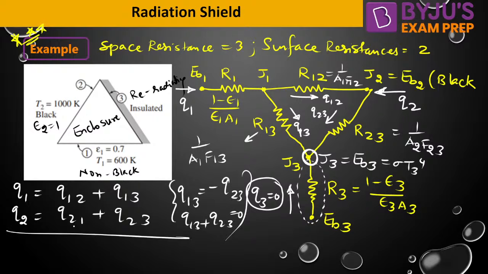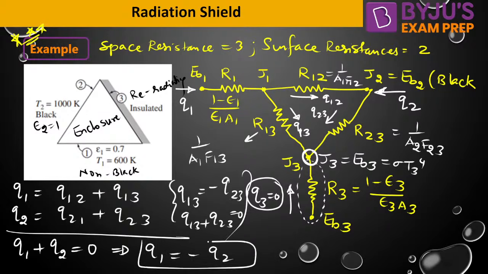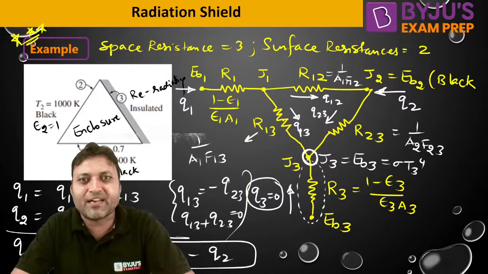So if we add these, Q1 plus Q2 will be equal to 0, or we can say Q1 is equal to minus Q2. This is how the analysis can be done. This is how the circuit diagram will be drawn when one of the surfaces is re-radiating, non-participating or a refractory medium.